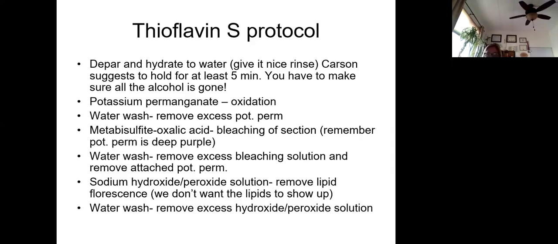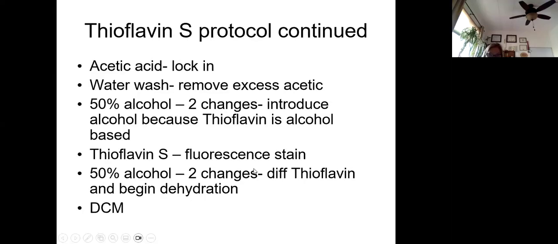Those cell walls will fluoresce, so we need to block those from fluorescing. Then we're going to water wash to remove that hydroxide or peroxide. Then we're going to lock it in with that acetic acid. That's always our friend. That's always our lock. Then you're going to water wash to remove any excess acetic acid.